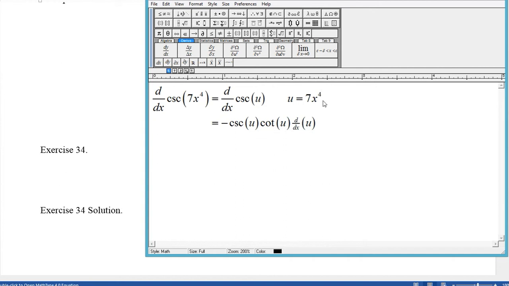Another way you could do the substitution is write it out up here, that this we can see is 28x to the third. So we can substitute that in here. In fact, let's do it like this.